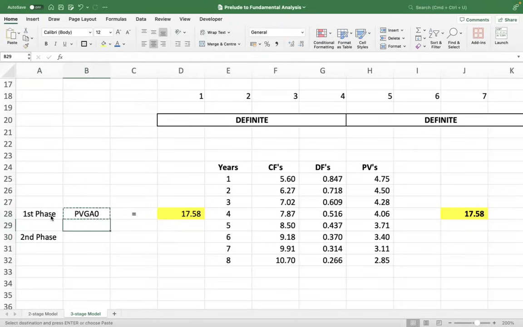But here we will start with PVGA 4. What will be PVGA 4?